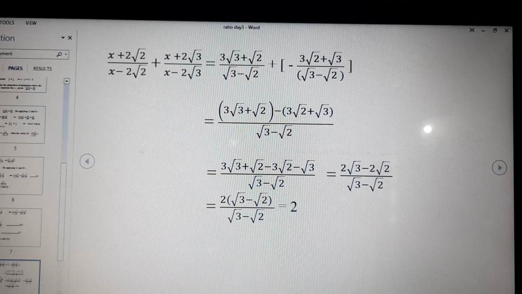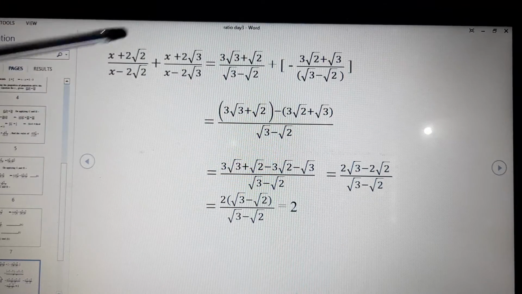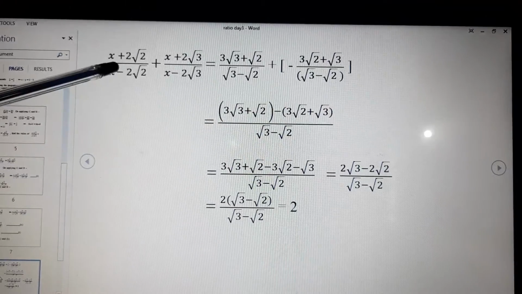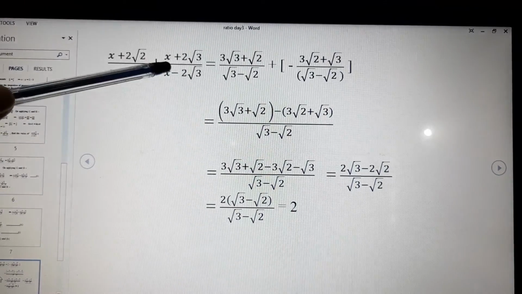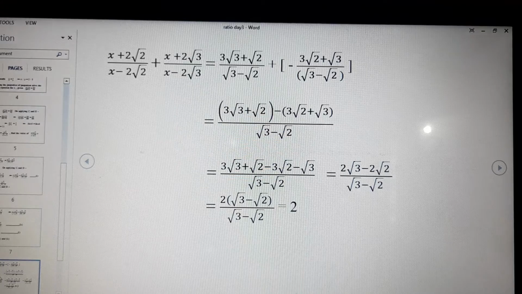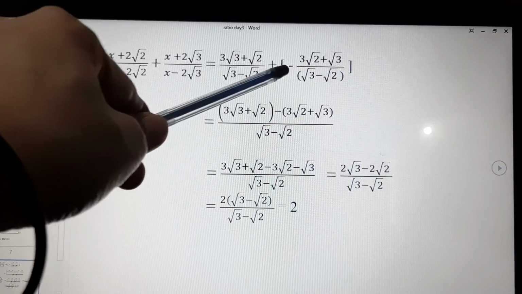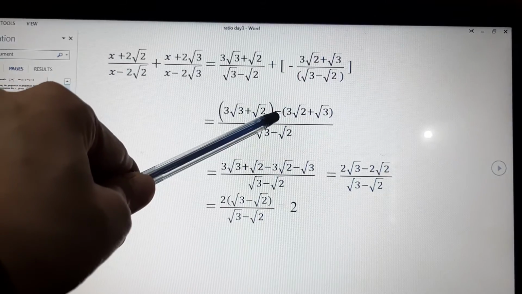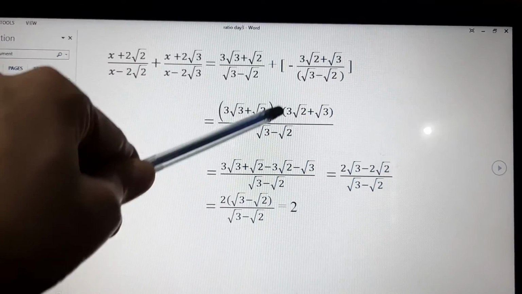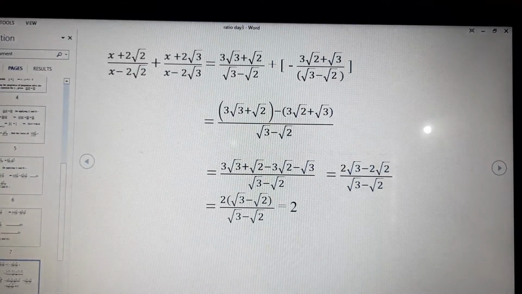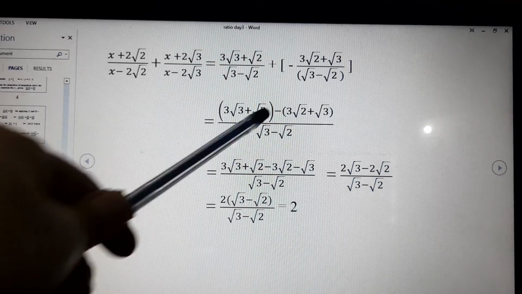This is what we were supposed to find out. We have to calculate the value of this thing. Value of this is this, and value of this I have written in a bracket because it was a negative value. If we remove this bracket, plus into minus will become minus. Plus into minus is minus. So we have written it this way.